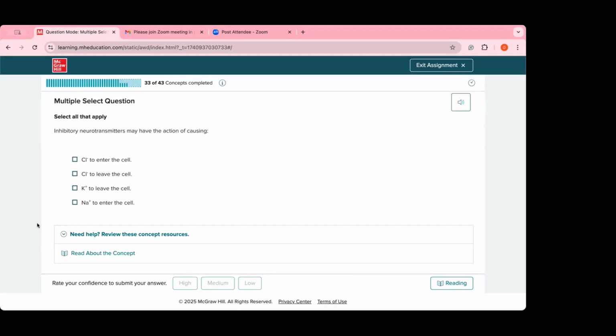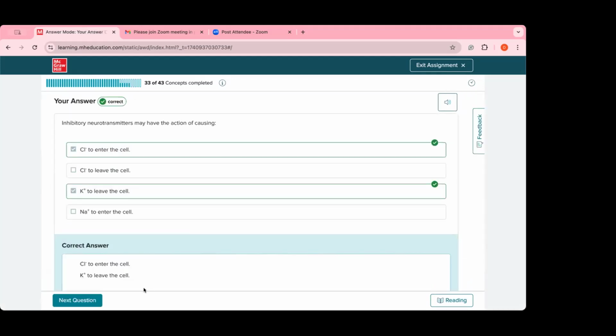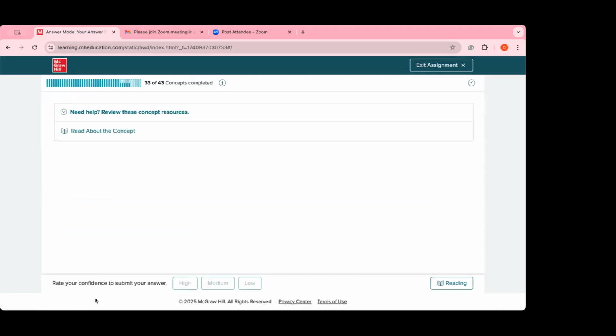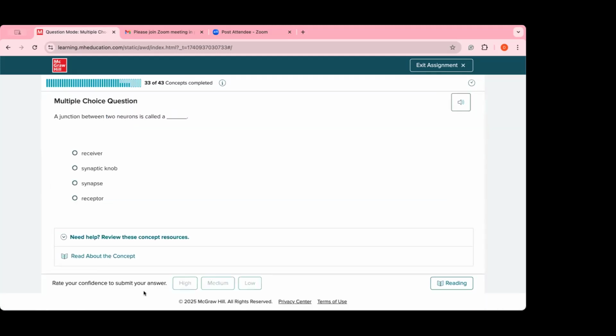So the first one and the third one, there are two answers there. A junction between two neurons is a synapse.